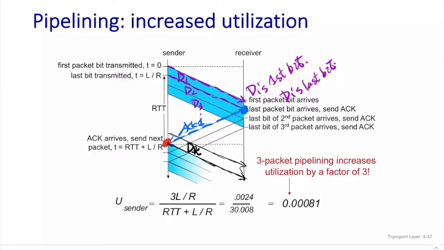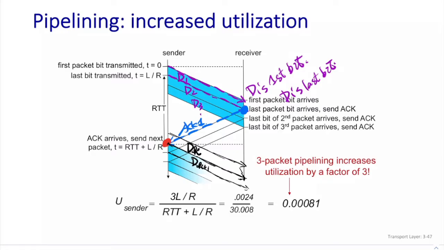So we draw it in this way. Right here, that should be Dk plus 1. So at the red point, the sender received ACK number 1, and at that moment, the last bit of Dk has been sent.